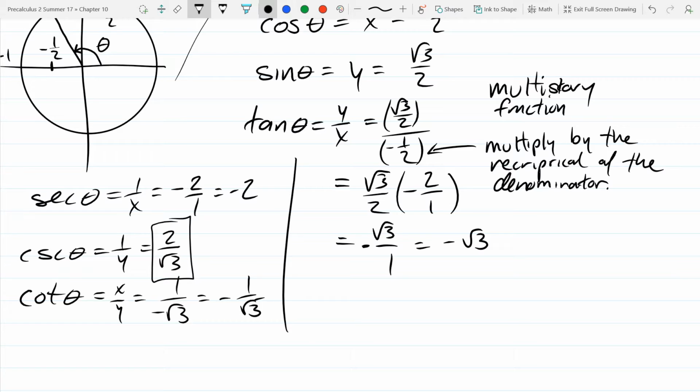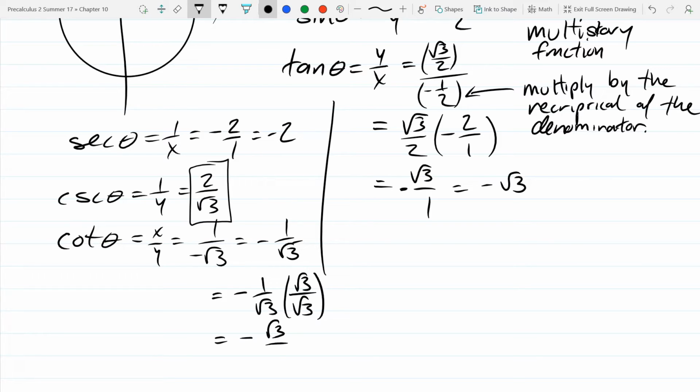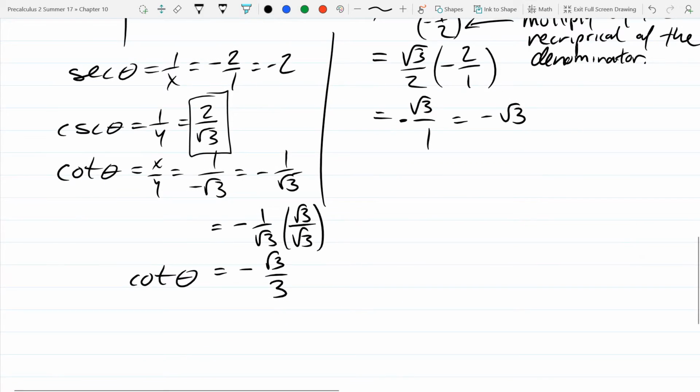But not only that, if you're a rationalizer, think about going through cotangent and rationalizing. It's not a hard process to do. Cotangent theta, no problem.